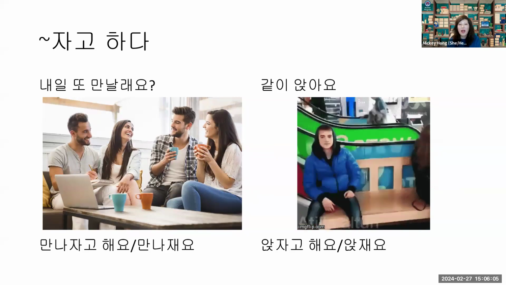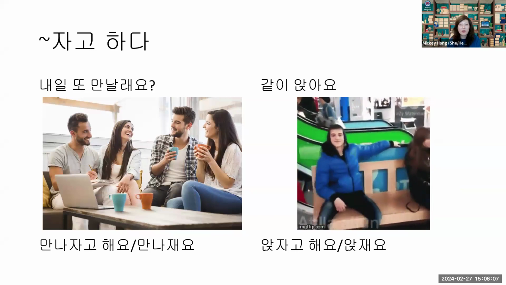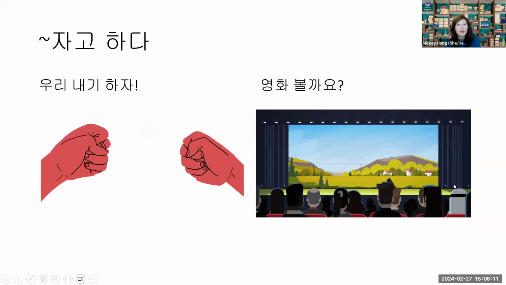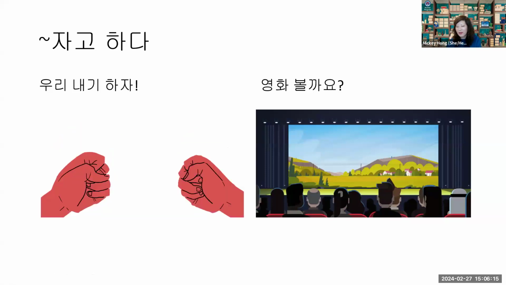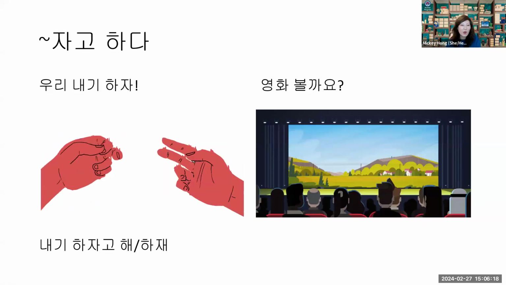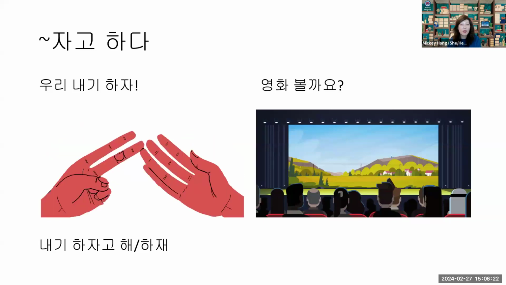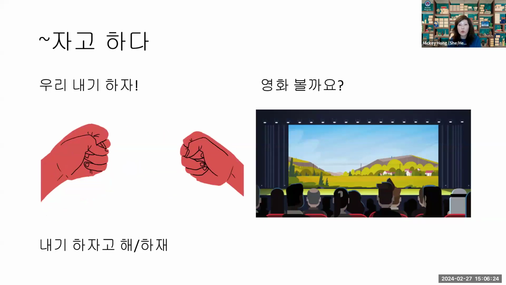Let's sit together. 앉자고 해요. 앉재요. 우리 내기하자, let's have a bet. 내기하자고 해. 하재. Obviously you're talking to somebody very close.